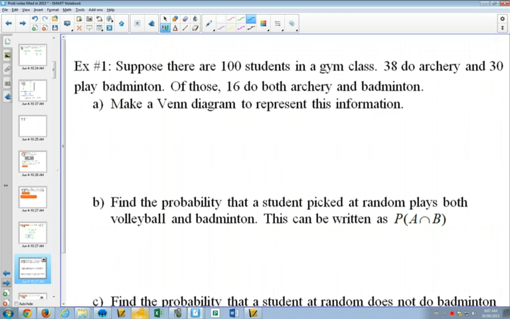Badmintery or archminton? Archminton. One person serves the bird up in the air, the other person tries to shoot the bird out of the air. You play until either one person dies or you're smart enough to figure out that you shouldn't play anymore.